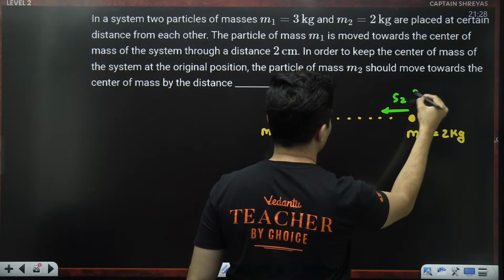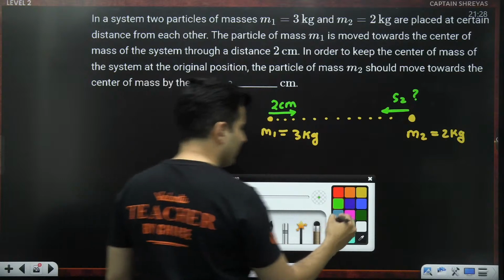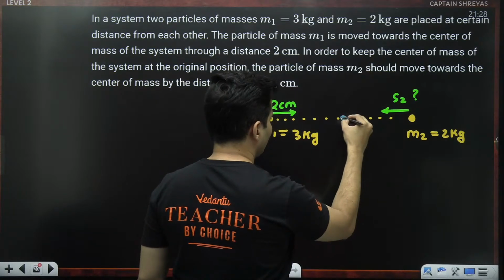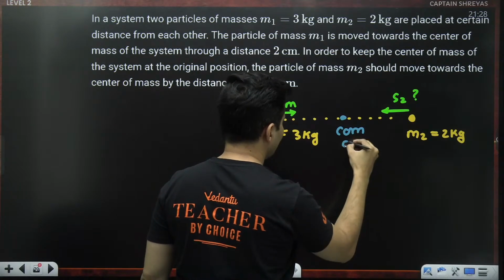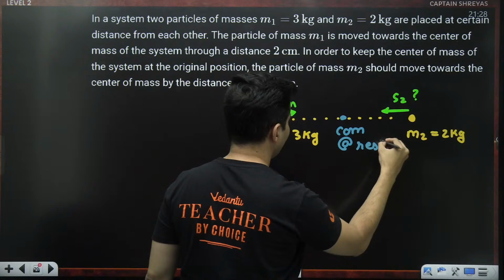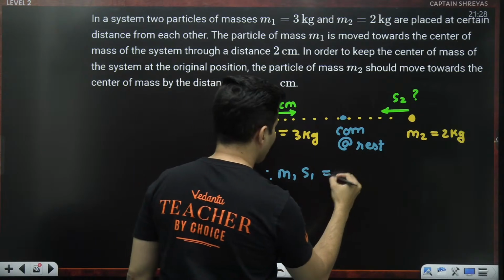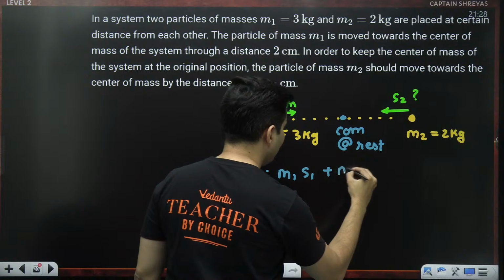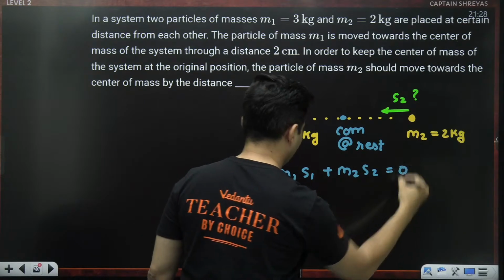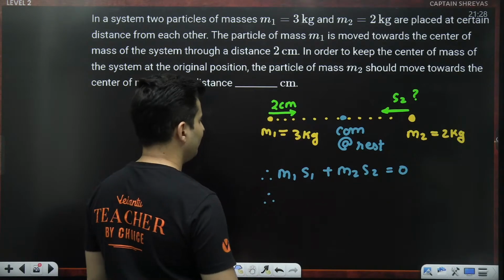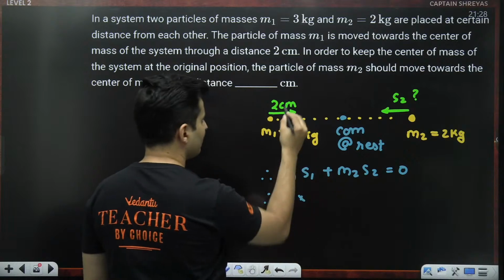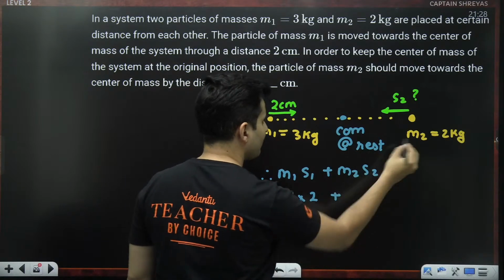This is displacement number 2. Whenever there is a concept, the center of mass is not moved, basically it is at rest, then you notice one thing, M1S1 plus M2S2 is basically 0. So what is mass 1? 3. What is displacement 1? 2. What is mass 2? 2.